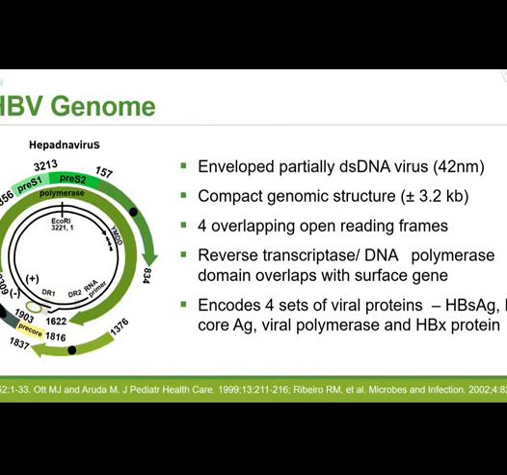It has a reverse transcriptase DNA polymerase domain, and it encodes 4 sets of proteins. That is surface antigen, which is produced from these envelopes, core antigen and polymerase, and protein X, which is a multifunctional protein.